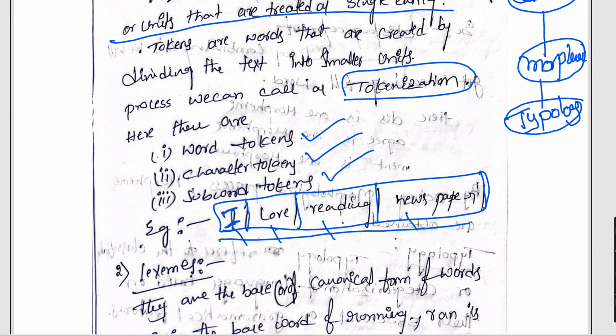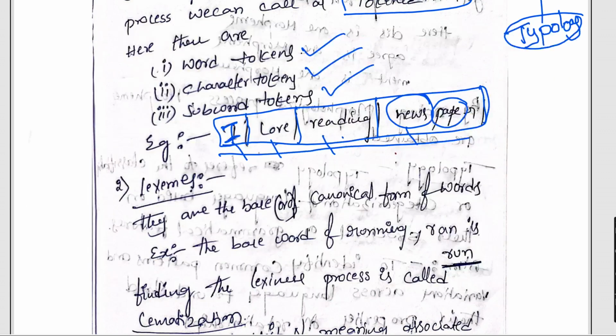And subword tokens: in this example itself we see all three types. Newspaper is one word; its subwords are news and paper. So we can find the types and categories of the tokens.